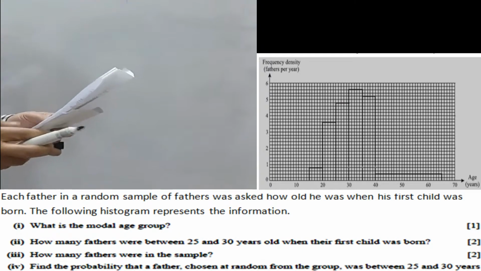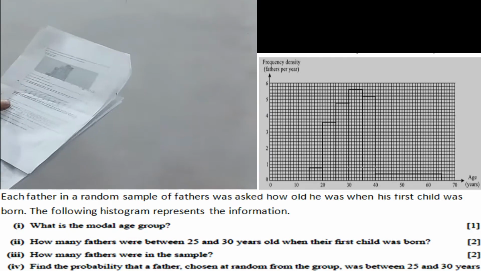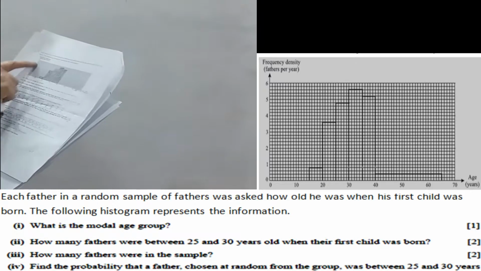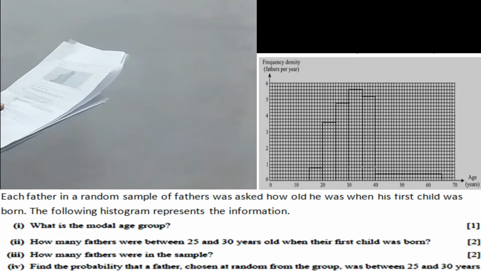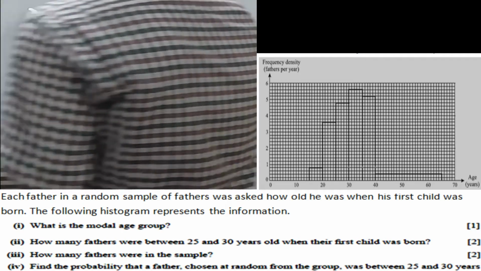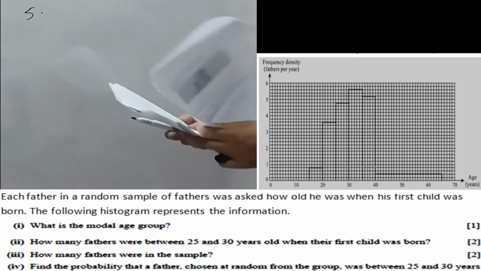Then we have question number 5. Please read the question. Again you are given a histogram. In this histogram you have frequency density on the vertical axis. First of all, it asks what is the modal group.